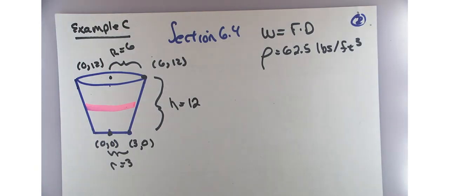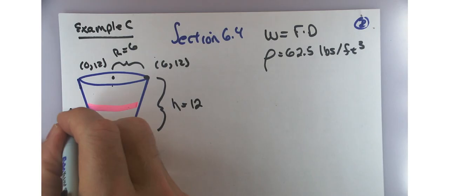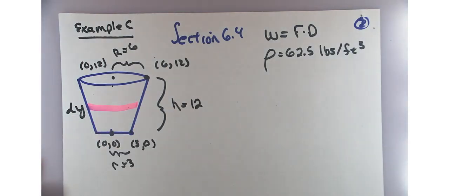I'm going to draw it a little bit curved to match the container that it's in, although it's really just a nice horizontal slice. Curtis, what's the thickness of that slice? dy. Nice, dy. We're taking a horizontal slice, so it's going to be a dy thickness.